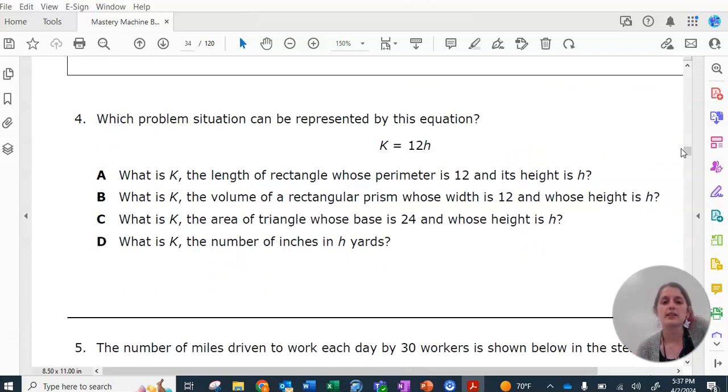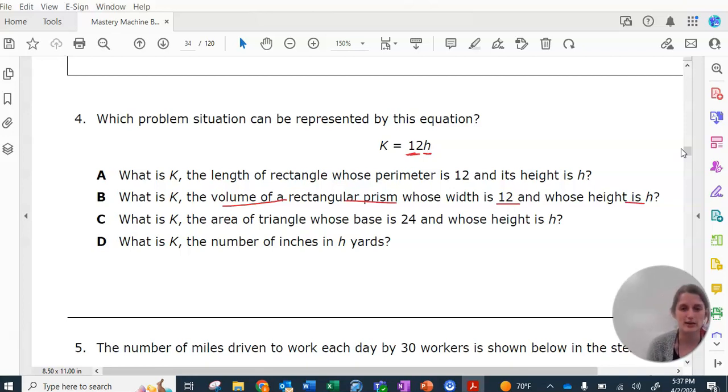What is K, the length of a rectangle whose perimeter is 12 and its height is h? So you need to think about, okay, do I multiply perimeter and height to find the length of a rectangle? That doesn't really sound right. What is the volume of a rectangular prism whose width is 12 and whose height is h? Wait a minute. Volume is length times width times height.